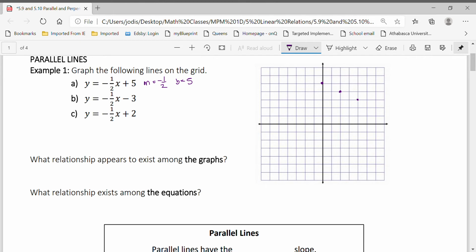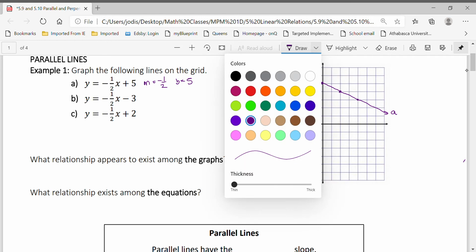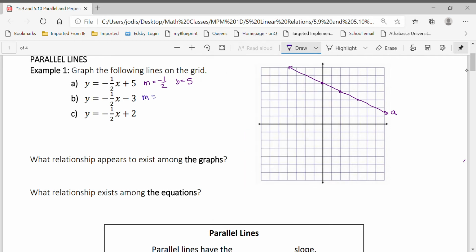I'm going to attempt to use mine, hopefully it will cooperate, and draw our line. Okay, put some arrows on your line, and then I'm just going to label it with the letter this time because this is A.